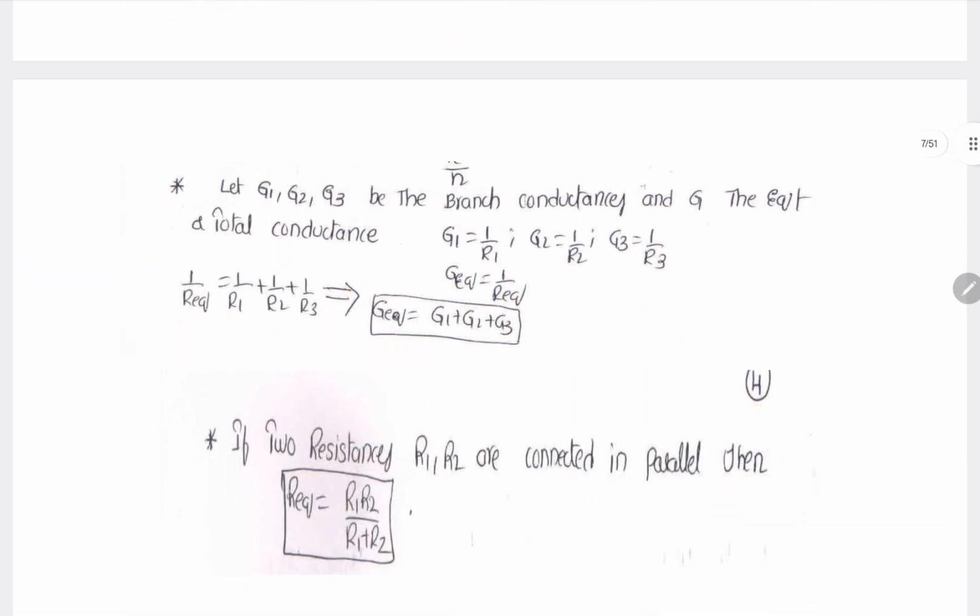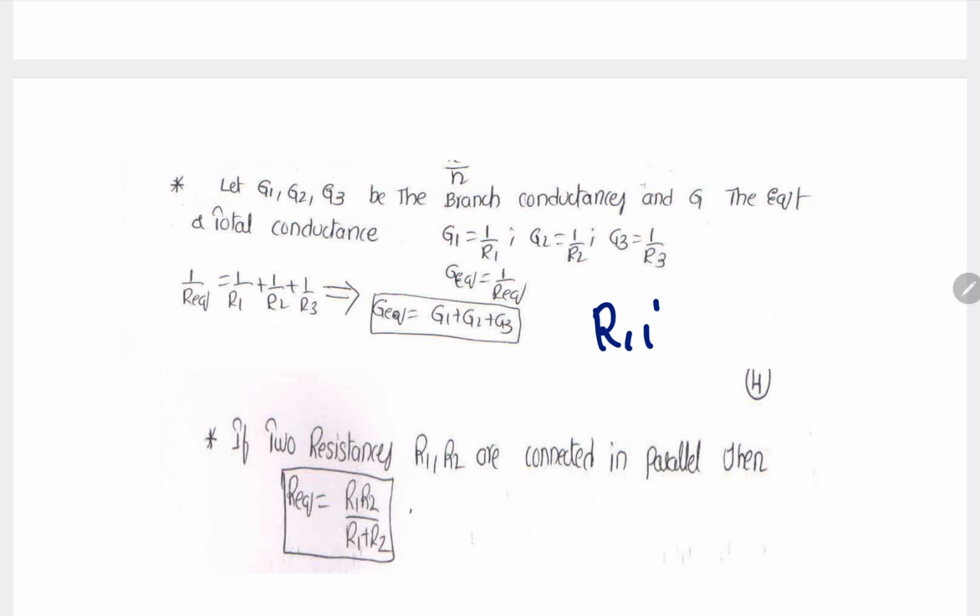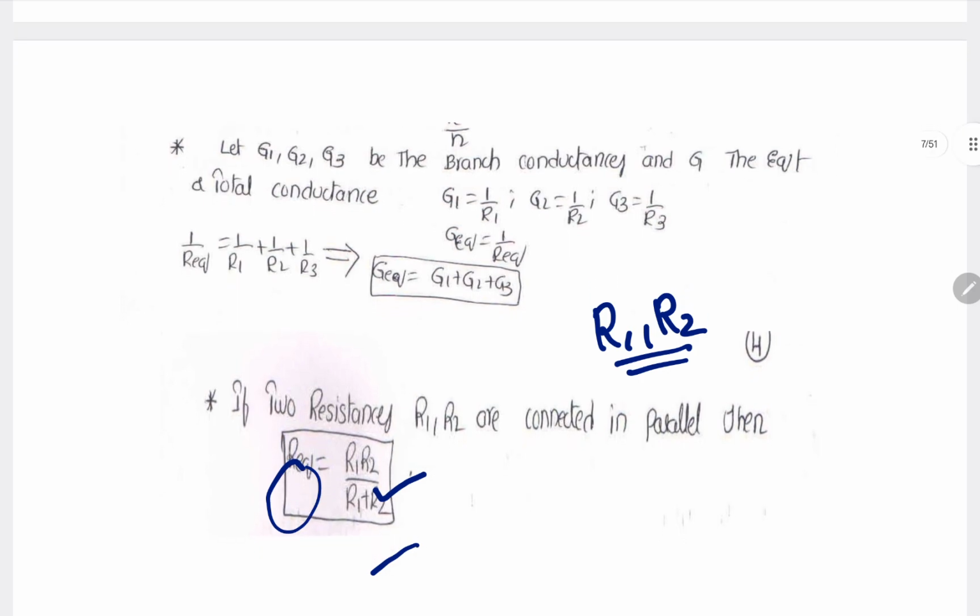Now I am taking only 2 resistors. Whenever 2 resistors R1, R2 are connected in parallel, the equivalent resistance is R1 R2 divided by R1 plus R2. Very important formula.